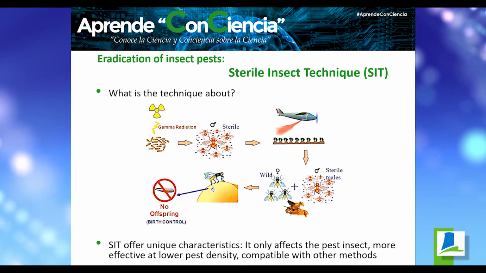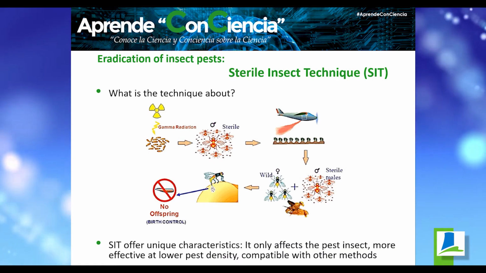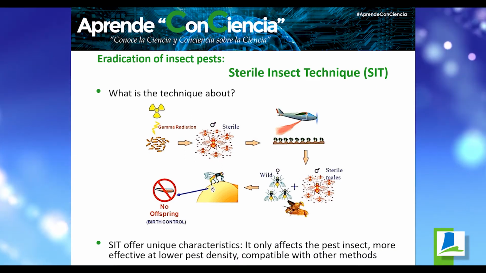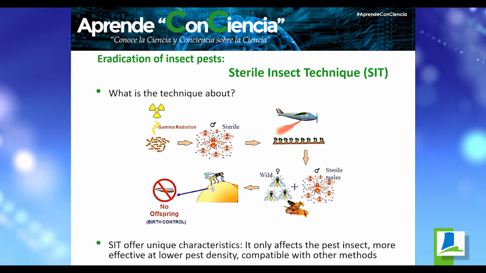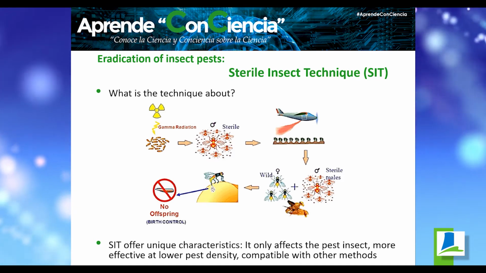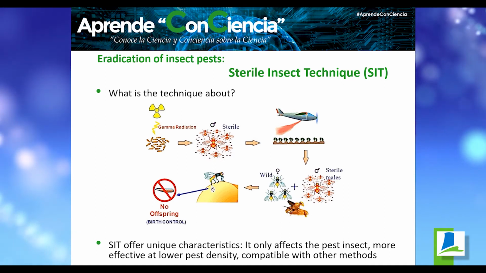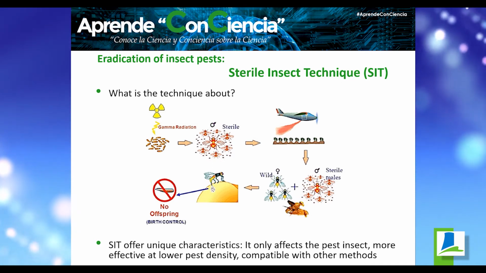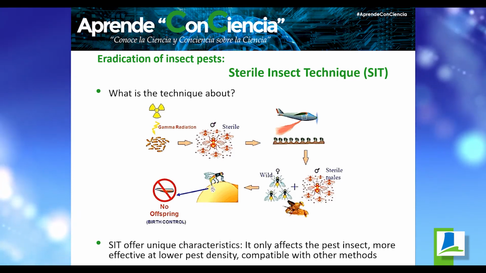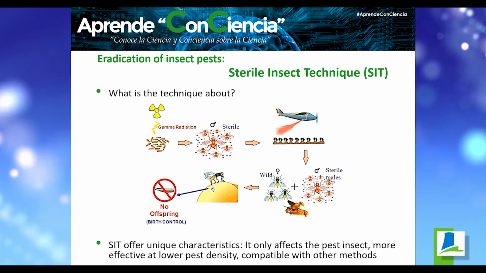The sterile insect technique has very interesting characteristics, for example, that it only affects the insect which the pest wants to be eradicated, not affecting any component of the environment, as do the pesticides and insecticides that are toxic compounds.